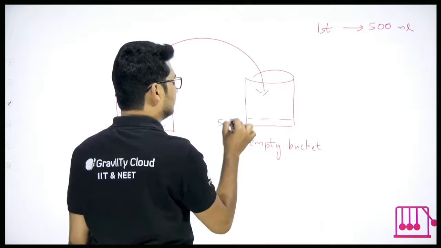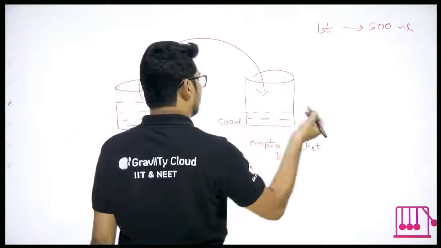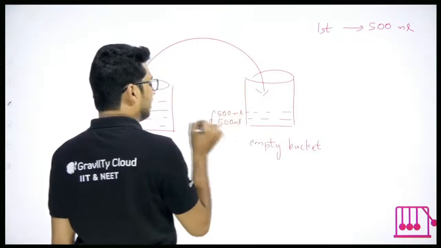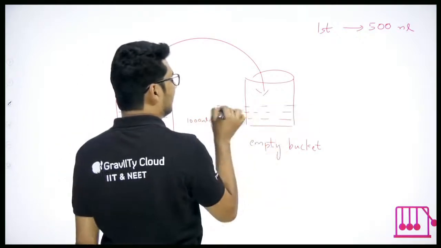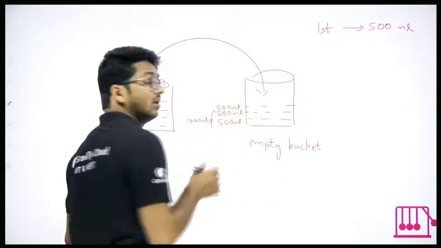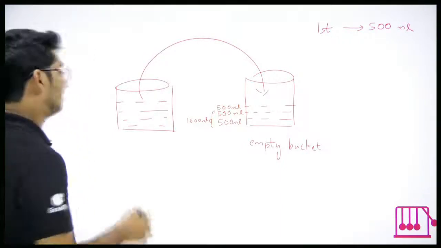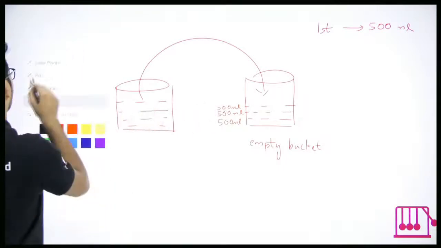Then second time you again pour some more. That's again 500 ml. So what is it total? 1000 ml. Then you again pour another 500 ml. Then total will be 1000 plus 500, 1500. Simple.